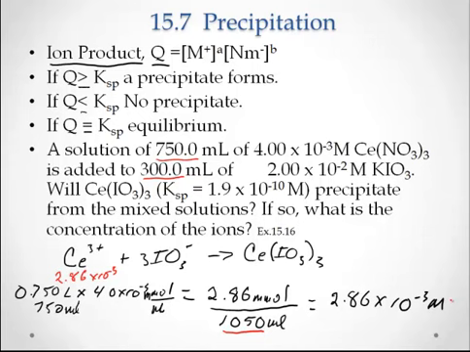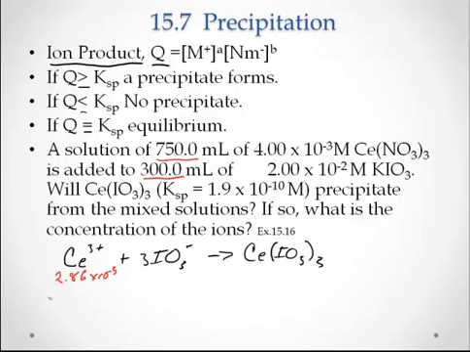All right, so now let's find the concentration of iodate that we have. I've got 300 milliliters times 0.02 millimoles per milliliter, and that's just this number right here.